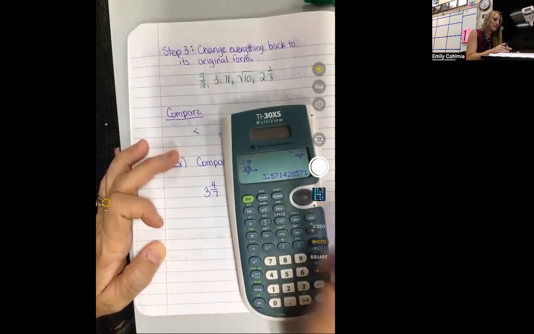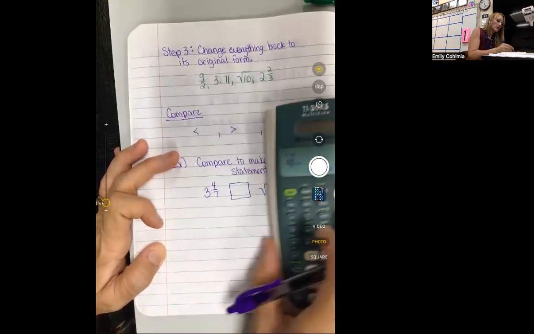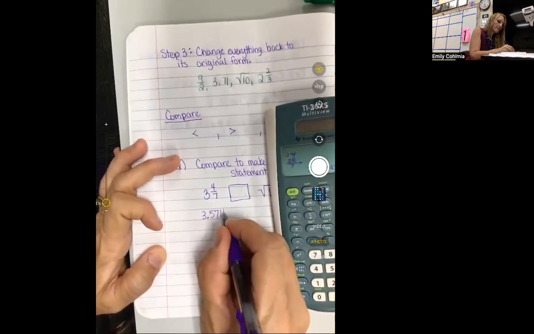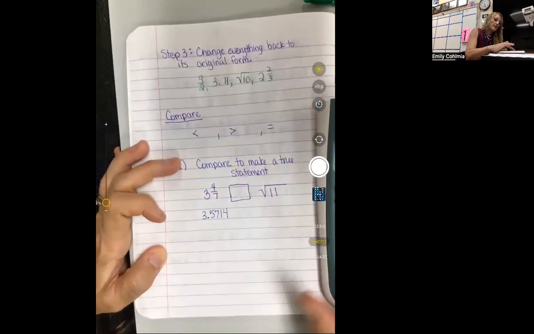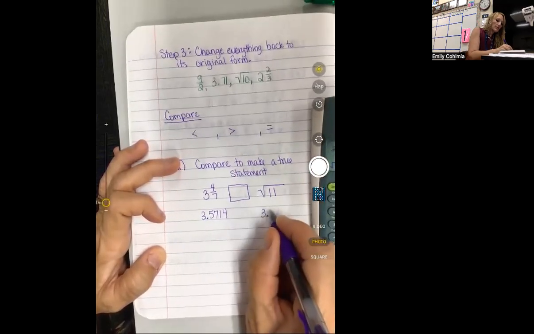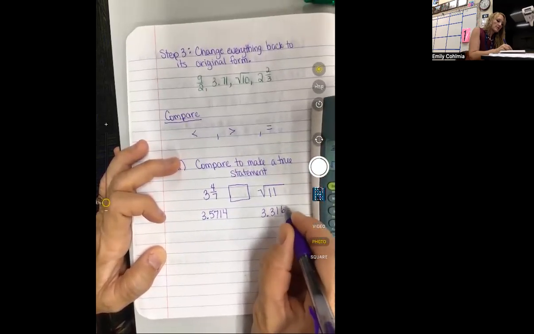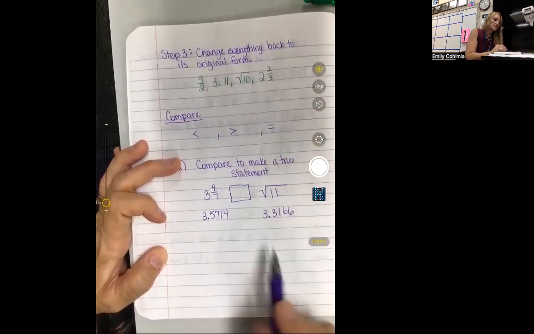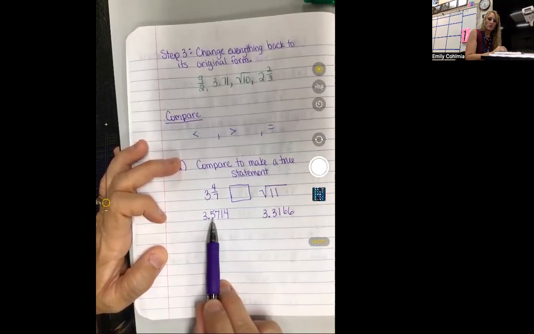So 4 or less, let it rest. So this would be 3.5714. And then the square root of 11, change to a decimal place, is 3.3166. The 2 is 4 or less, let it rest. And so it's really easy to see that this one is greater than.